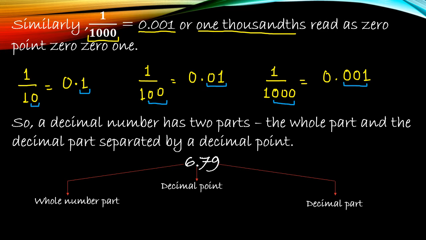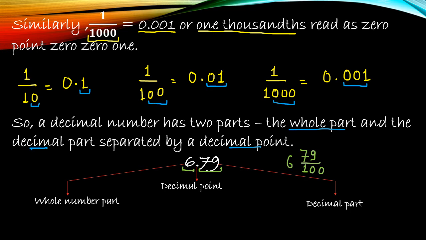Therefore, a decimal number has two parts, the whole part and the decimal part, which are separated by a decimal point. Look at the given example 6.79. Here 6 is the whole part and 79 is the decimal part. So it can also be written as 6 whole 79 upon 100 in fractional form, as 6 is the whole part and 79 is the decimal part.